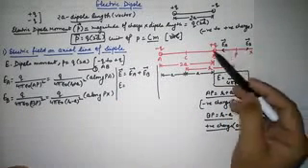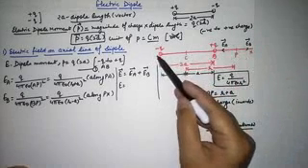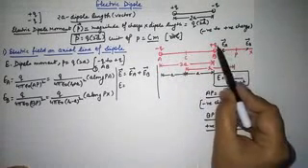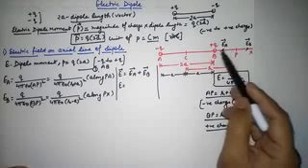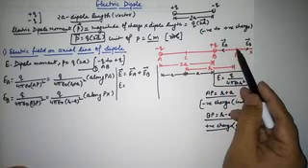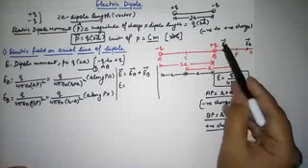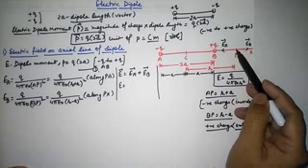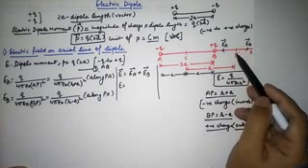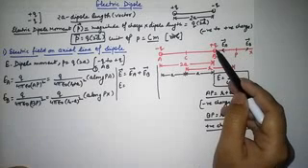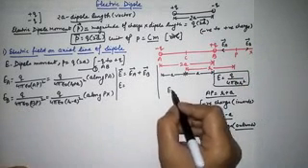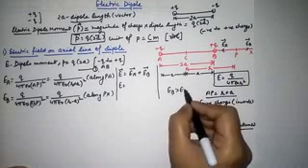Now which one is greater? EB is greater or EA is greater? Let's see. Both charges are the same, magnitude is the same, and B is closer to P. So obviously its influence is more at point P, means the electric field at P is greater due to the charge at B. So we can say EB is greater than EA.